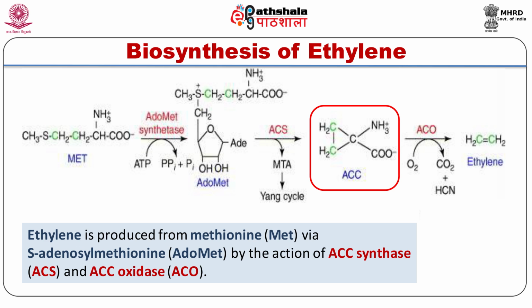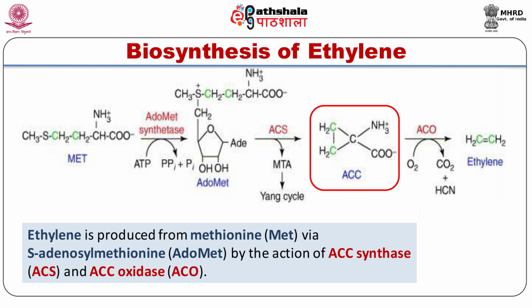Now, we will see how ethylene is synthesized in plants. Ethylene is biosynthesized from methionine via S-adenosyl L-methionine, abbreviated as SAM, and 1-aminocyclopropane 1-carboxylic acid, that is ACC.